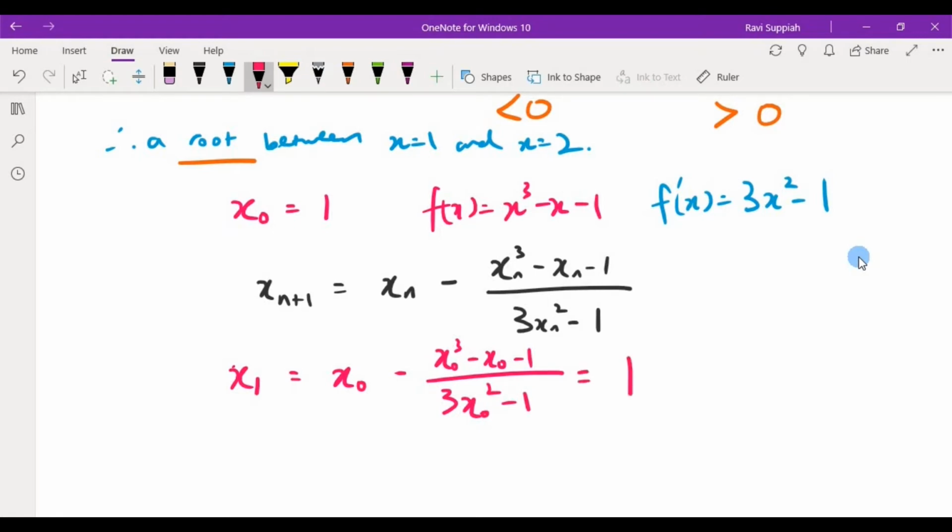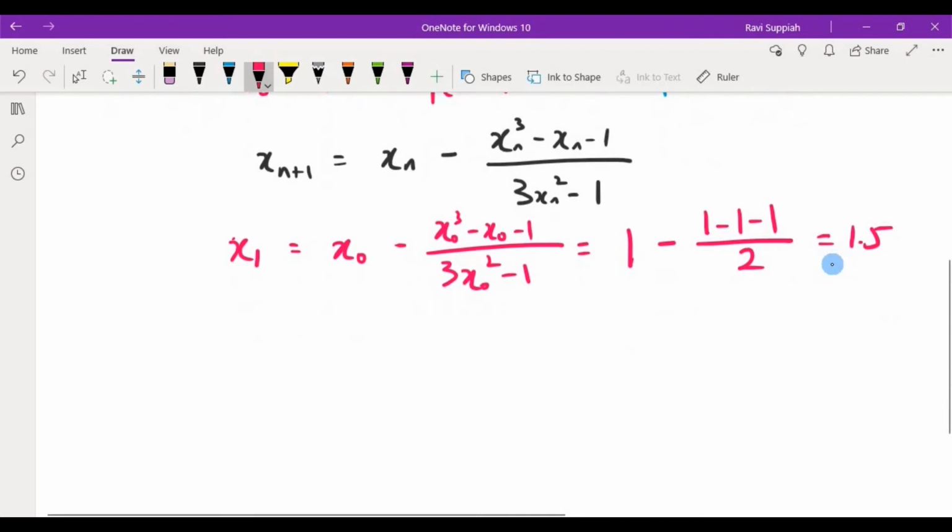That is 1 minus (1 cubed is 1, minus 1, minus 1) divided by (1 squared is 1, times 3 minus 1 is 2). This is 1 minus minus 1 over 2, and minus and minus gives a plus, so 1 plus a half is 1.5. So we have moved from 1 to 1.5.